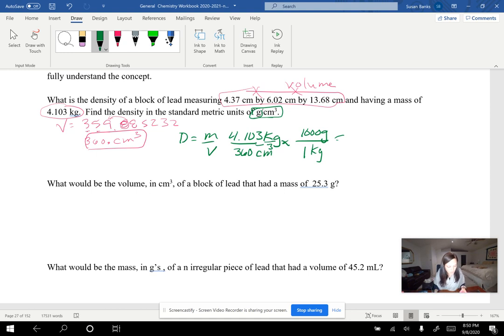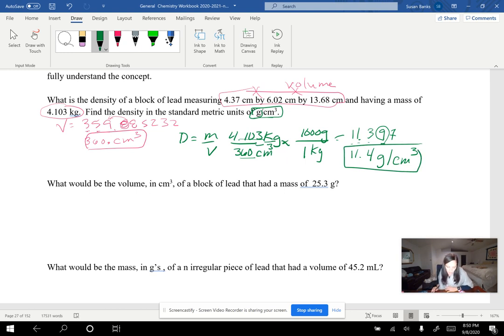Okay, I could do either of them. I could do the dividing first or the multiplying first. It really doesn't matter. So I will get 11.397. Now I had 3 digits here and 4 digits here, so we'll probably do 3. So that 9 tells me to round up. So I'm going to call that 11.4 grams per centimeter cubed. Okay, that will be my density.